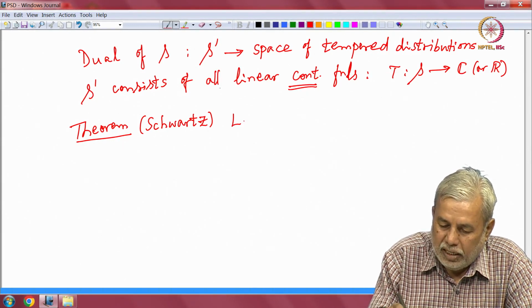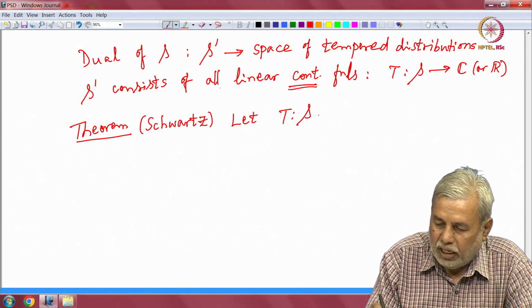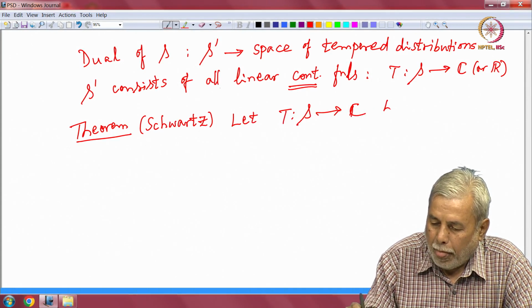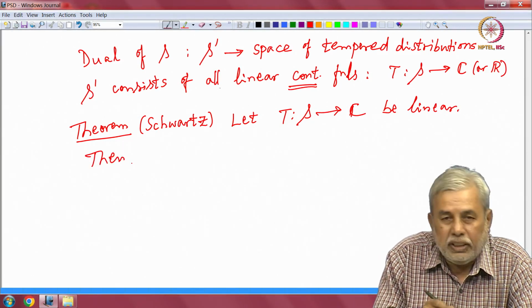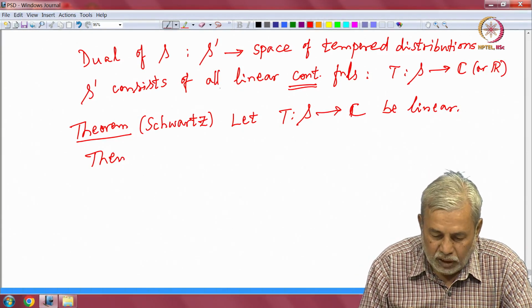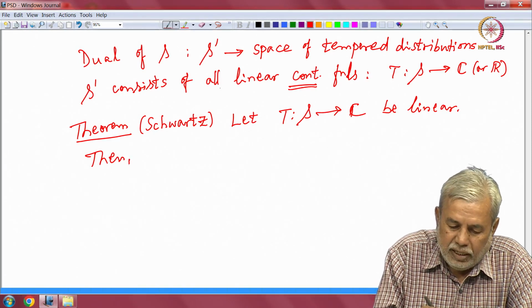So let T from S to C be linear. Then, this is much similar to the case of a distribution, which you have already seen.